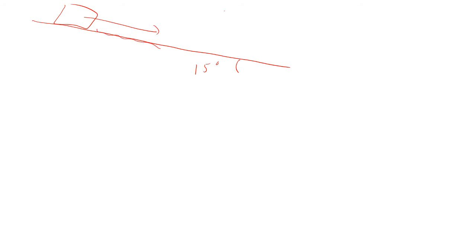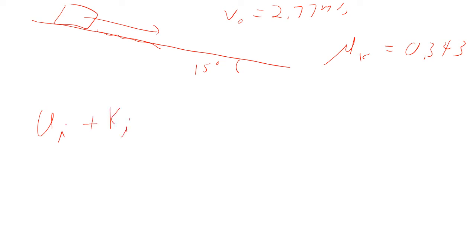Same thing. v naught is still going to be 2.77 meters per second, and the coefficient of kinetic friction is still 0.343. Okay, so now what? Well, we can do this the same way. Initial potential plus initial kinetic equals final potential plus final kinetic.